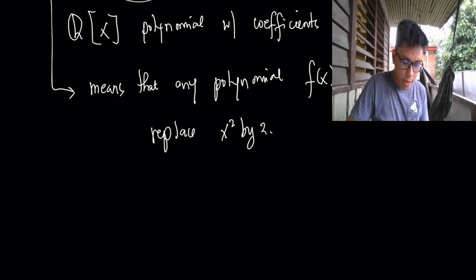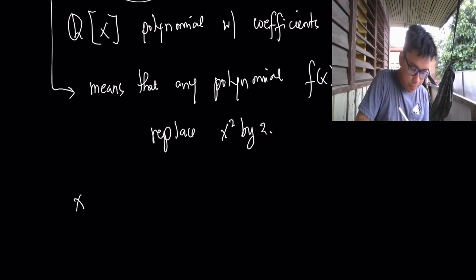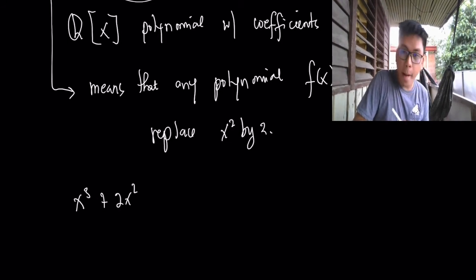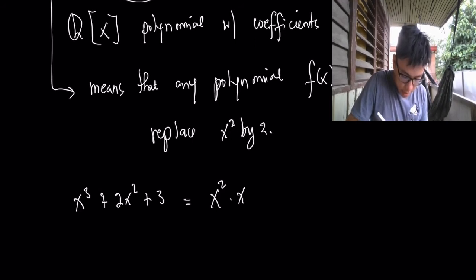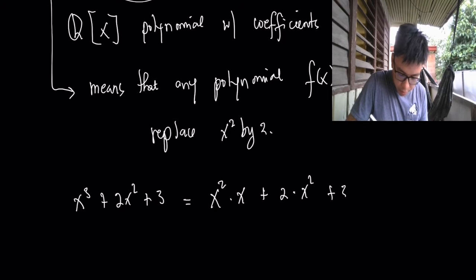So let's say we have x cubed plus 2x squared plus 3. Remember, x cubed, I can write as x squared times x, and 2x squared I can write as 2 times x squared, plus 3.